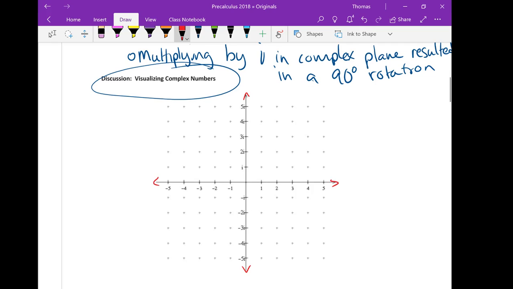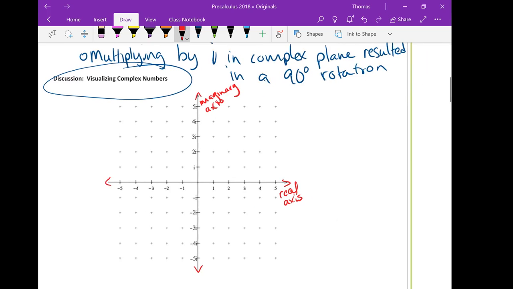Normally we have x's and y's, but this time we're going to have our real axis. We talked about this in our last video. That has all our real numbers like 1 and 2 and 3 and 4 and a half. And we also have our imaginary axis. And together they form this complex plane where we're going to visualize our numbers.